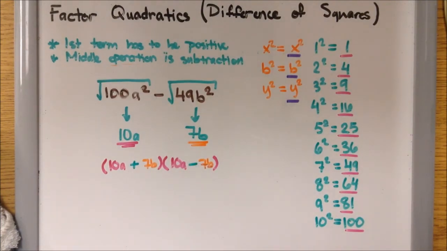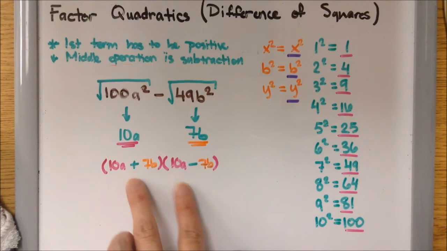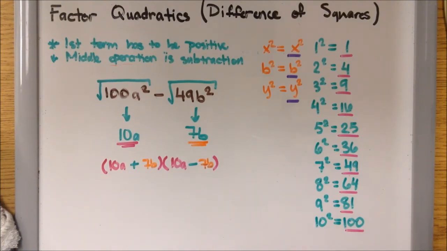Now, what I forgot to mention is that the order does not matter. So if you happen to put subtraction or minus first and then plus in the other one, that's okay, as long as they're two different operations. So again, order does not matter. In my example, I have been putting plus first and then minus second.